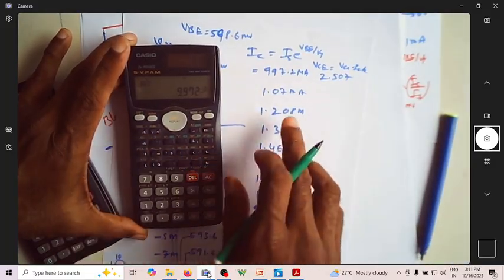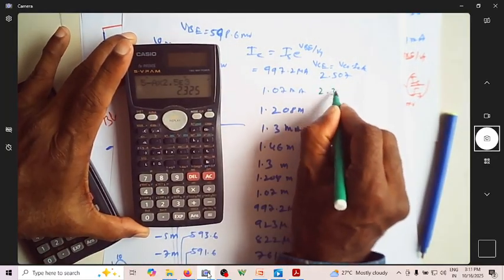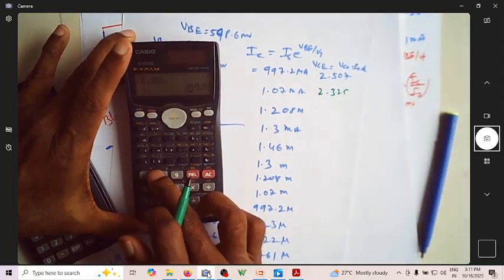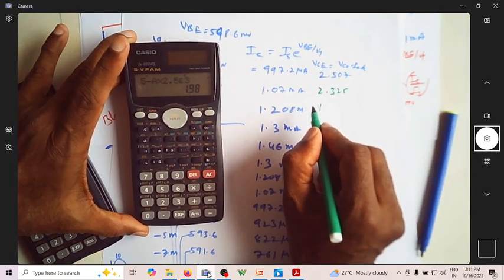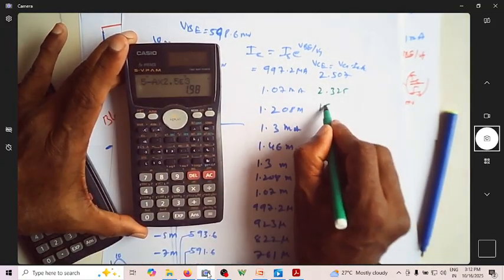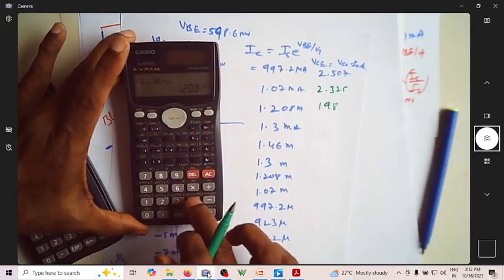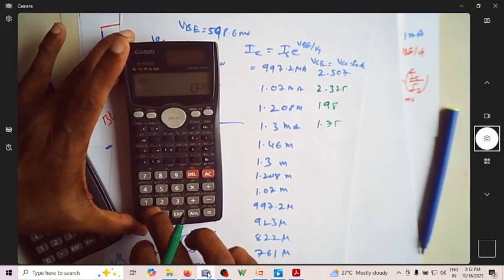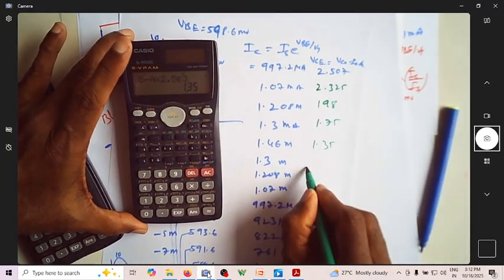For 1.07 milliamperes it is 2.325, and then for 1.208 milliamperes it is 1.98 volts. Then for 1.3 milliamperes it is 1.75. For 1.46 milliamperes it is 1.35.